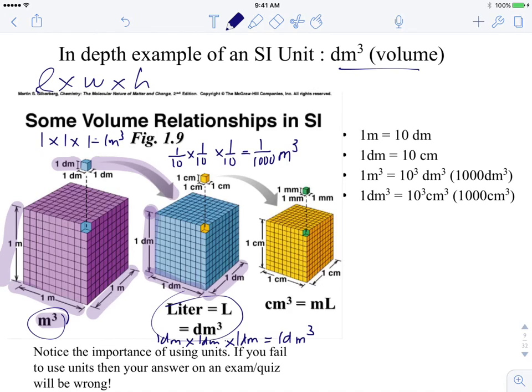Now we could take just 1/10 of a decimeter, which is a centimeter, and we would have 1 centimeter by 1 centimeter by 1 centimeter. Now if we look at that in terms of meters, then a centimeter is 1/100th of a meter, and each one of them is 1/100th of a meter.